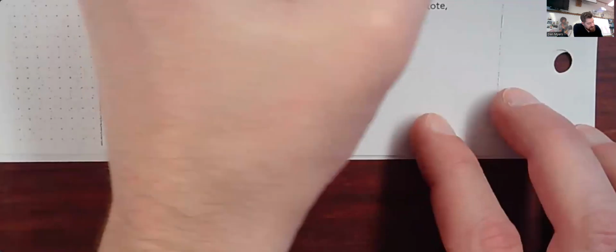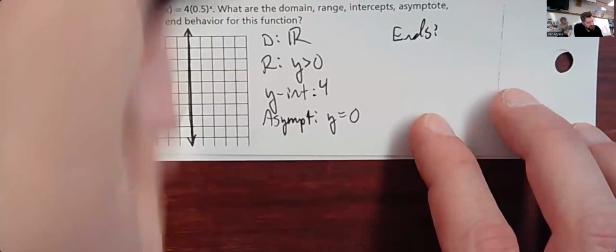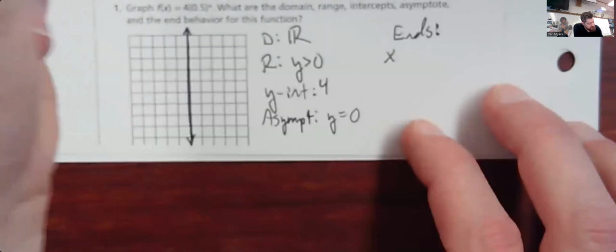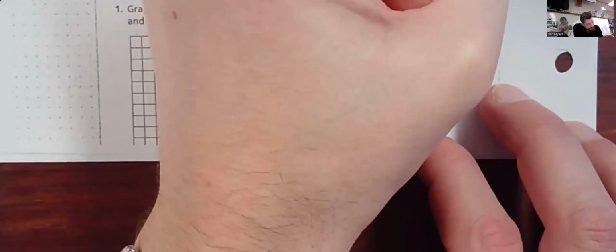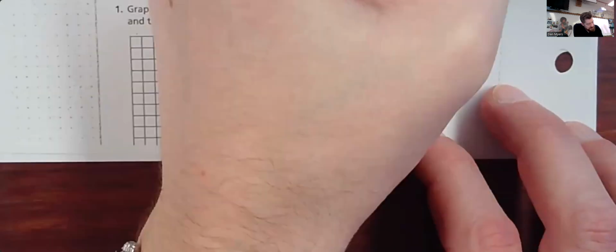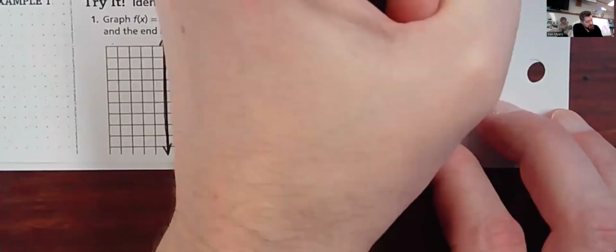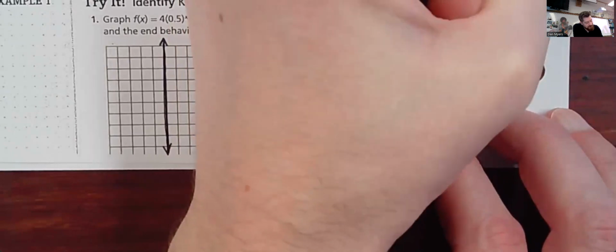And then the end behavior, I'm just going to write ends. So the ends: as x goes to negative infinity, who can tell me what's going on with y? y goes to positive infinity. How do we know that?